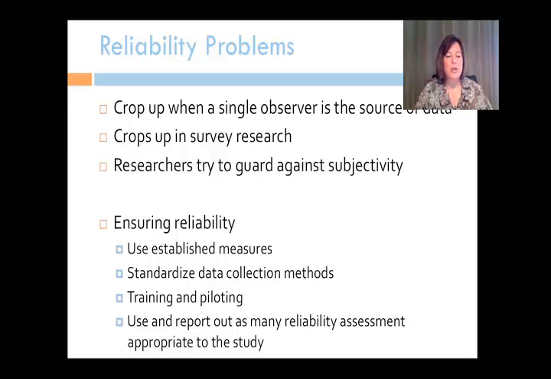Another way to ensure reliability is to standardize data collection methods. And we'll talk a little bit more about that when we talk about validity. Training and piloting, same thing. Training of survey interviewers, training of readers of student work if you have an assessment or a measuring device like that.